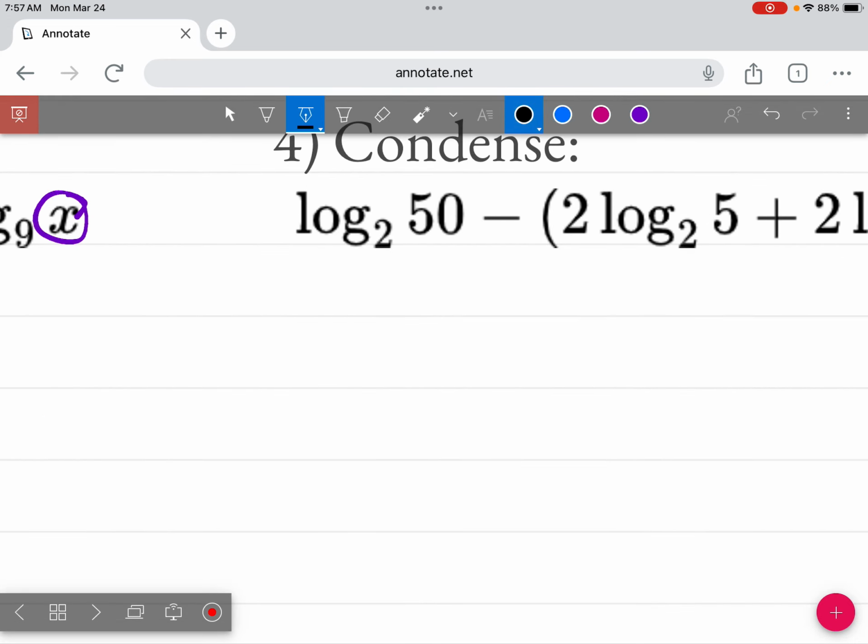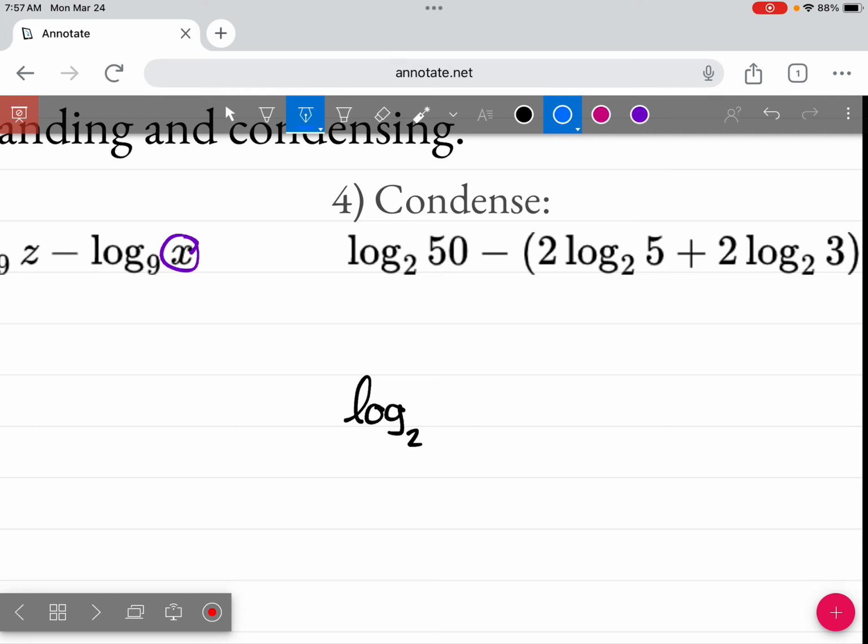For number 4, we're going to get this all the way down to log base 2. Again, we have a minus sign in here, so we know we're going to wind up with a fraction. What's my numerator? The top. Yeah, the numerator is going to be the 50. And our denominator?